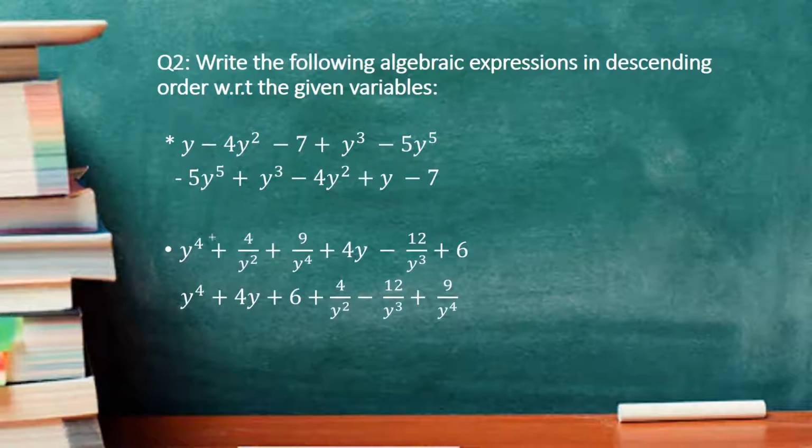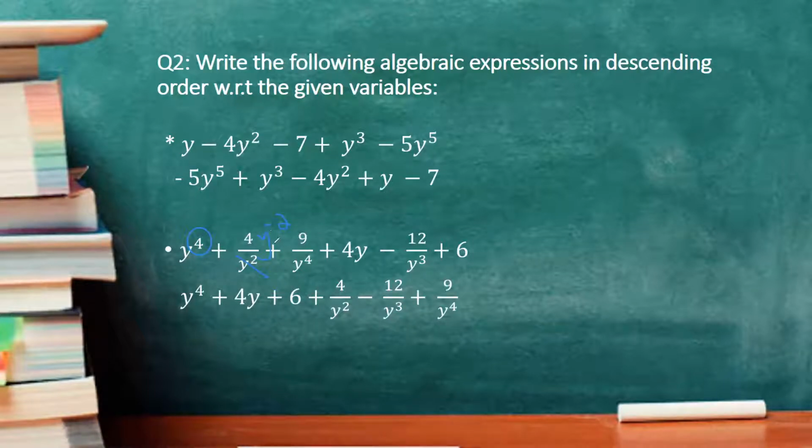Beta, here y power 4, here we can't see y in the numerator, and when we shift the y from denominator to numerator, the power becomes negative. The power becomes negative when we shift y square from denominator to numerator.